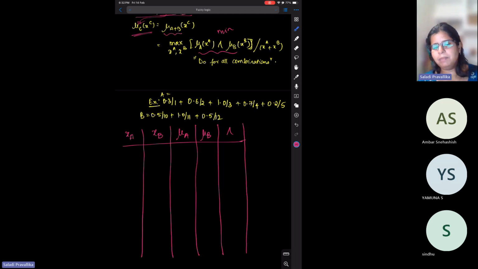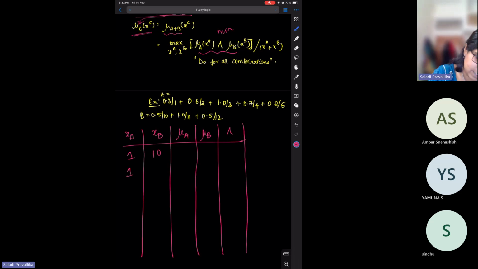Previously you were calculating delta, and based on the delta you were forming the pairs. But in this one, you're not going to do it that way. Here you are going to take each and every possible pair between A and B. First, let us take x equal to 1 from fuzzy set A, and from fuzzy set B we take 10.